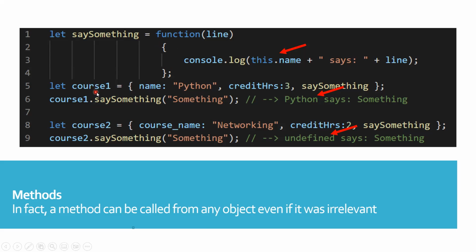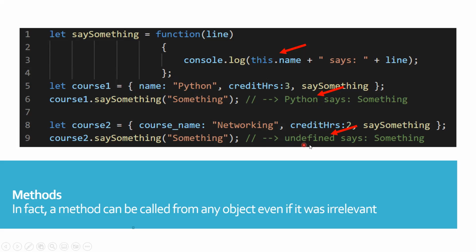So when we call it through an object that has a property with the same name, it will work, even if it's not relevant. This is supposed to be a character saying something, so the logic of the function is not really relevant, but the function doesn't care whether it's relevant or not. It just looks for the property referenced here. If we accidentally have a property called name, then it will be used. If we don't have a property called name, the function is not going to detect that.